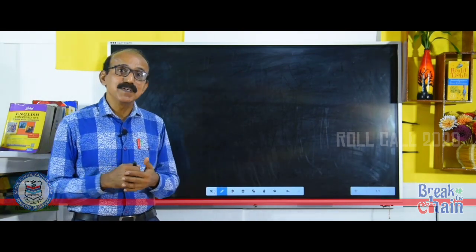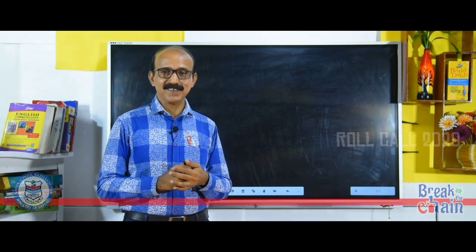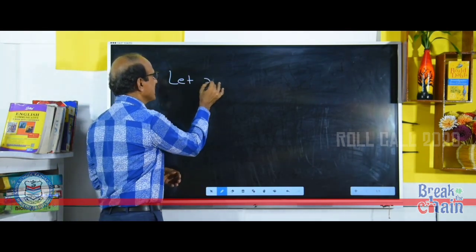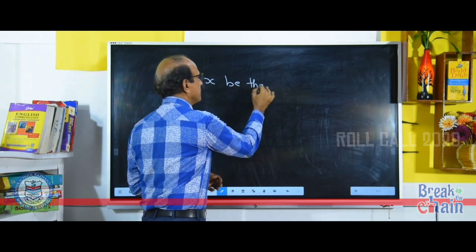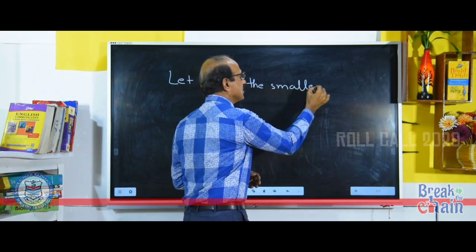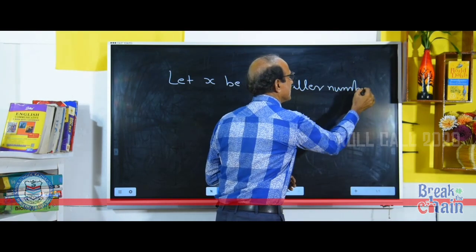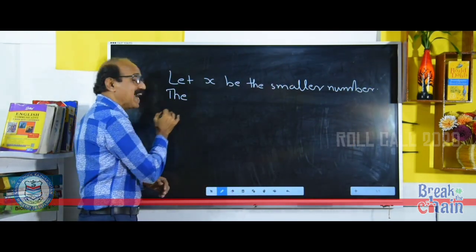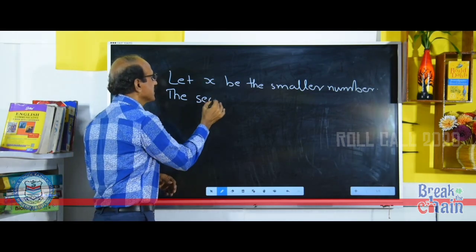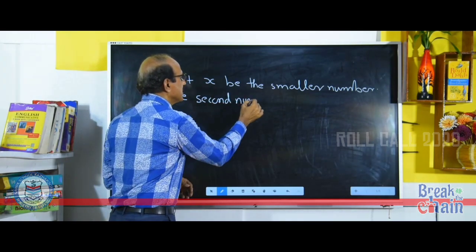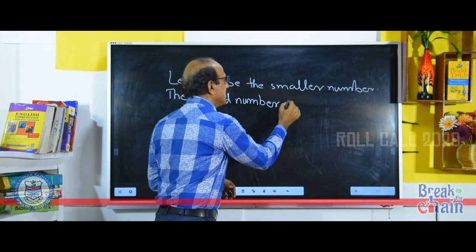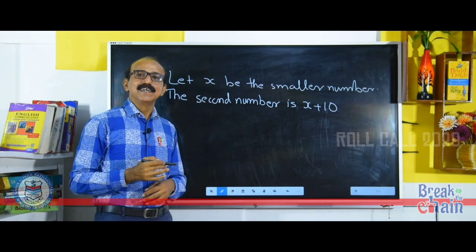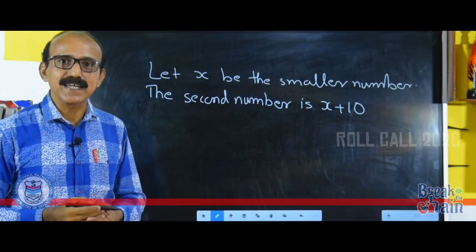The smaller number we are going to assume as x. Let x be the smaller number. Therefore, the second number, the larger one, is x plus 10, because it is given that the second number is 10 more than the first one.